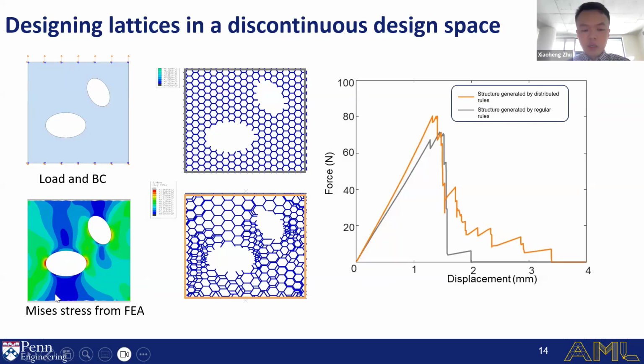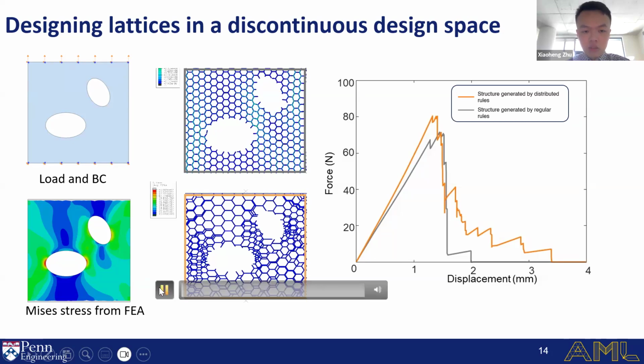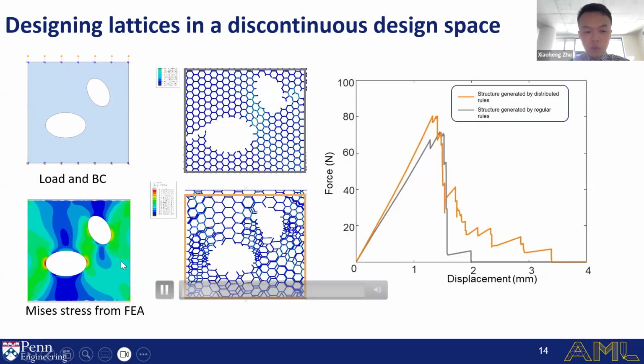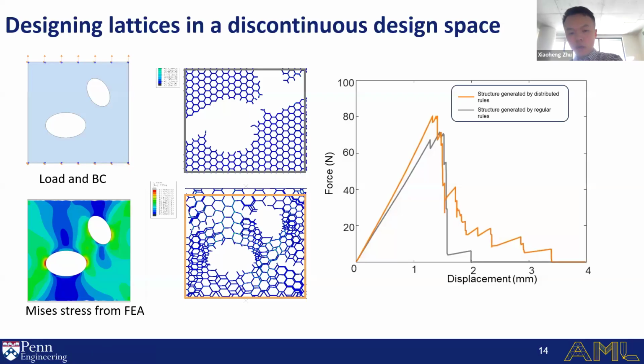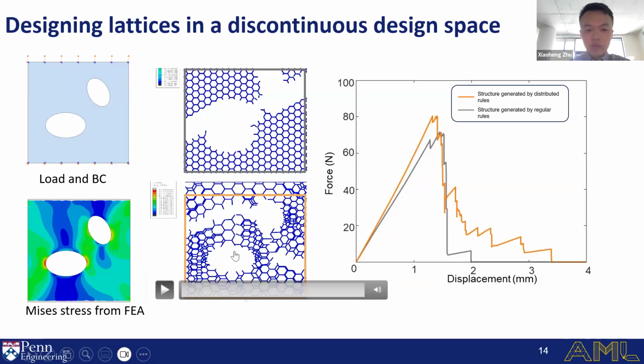Because of these holes, there are some stress concentration areas at the edges of these holes. So what we do is put the stress map in as a heat map into our platform, into our rules, and then we let the agents deposit more material in the high stress area.